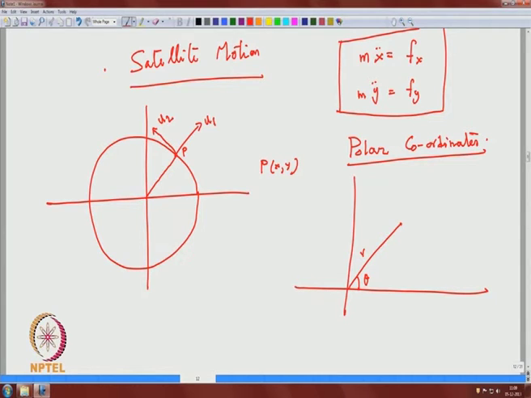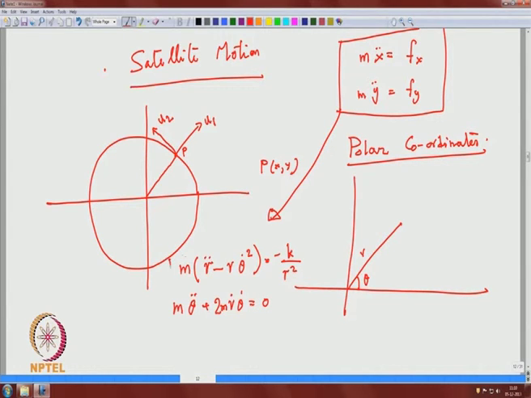But for your familiarity, this can be converted to a system of 2 second order equations: r theta dot square equals minus k by r square, and m theta double dot plus 2m r dot theta dot equals 0, again a nonlinear system.